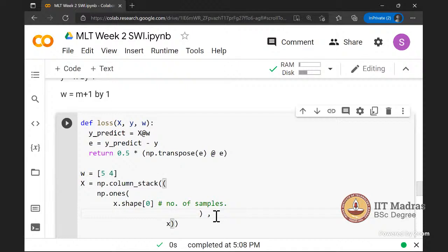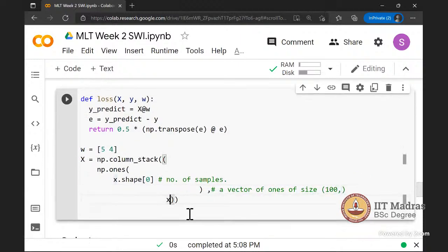So this is going to give me a vector of ones of size 100 comma nothing.